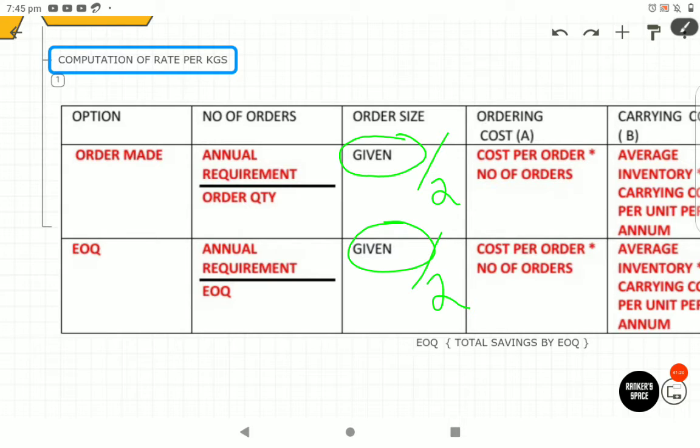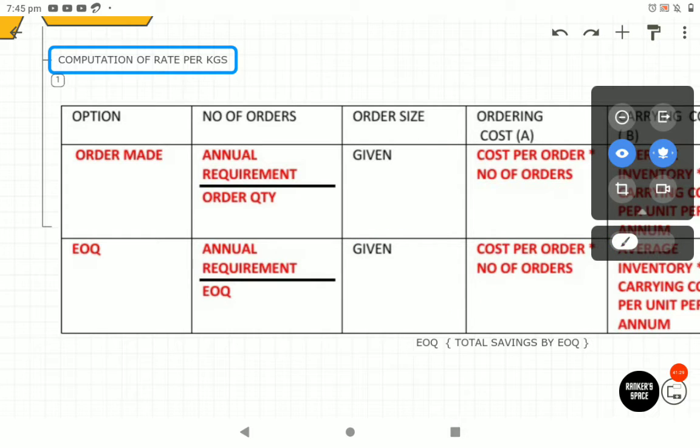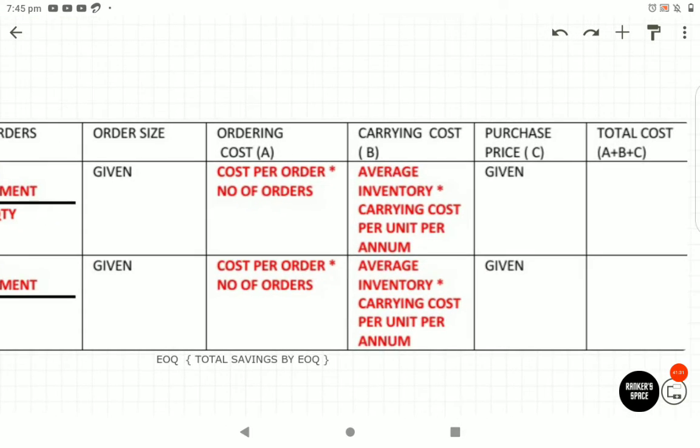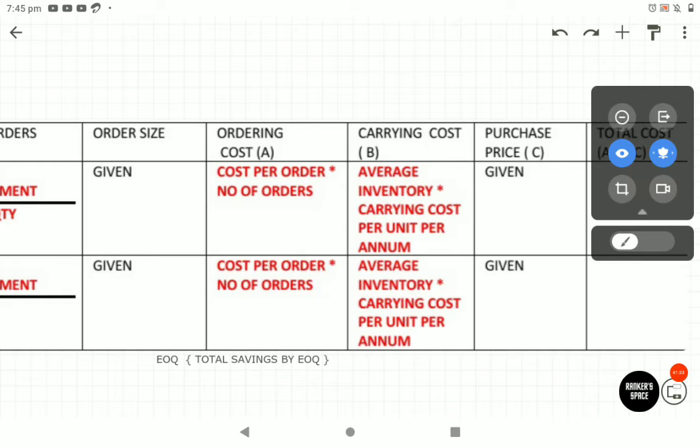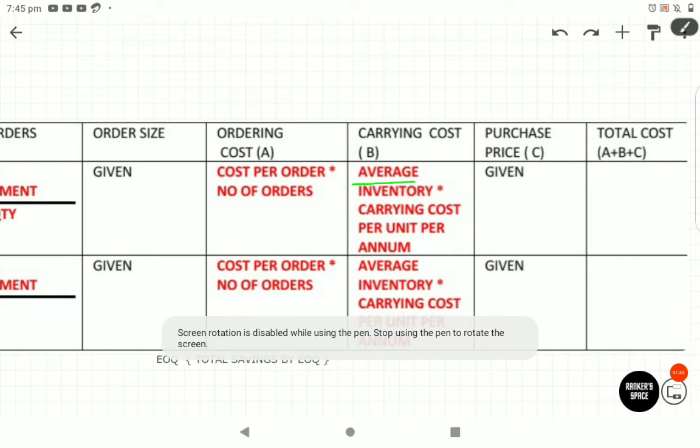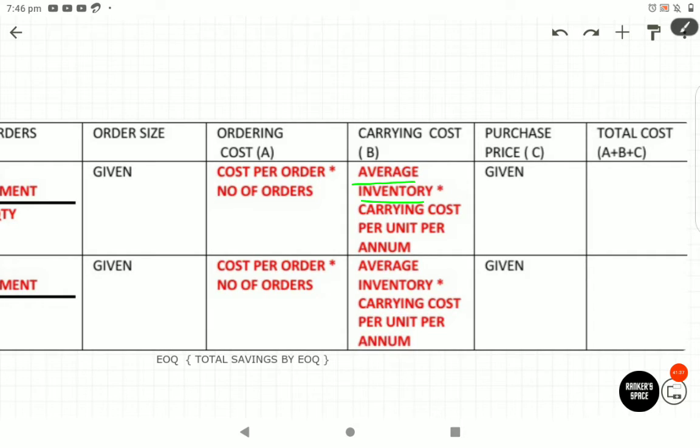You have to take the average inventory only for the purpose of calculating carrying cost. So average inventory, that is order size divided by 2, into carrying cost per unit per annum. Same thing here and down. For EOQ also, the same computation you have to do.